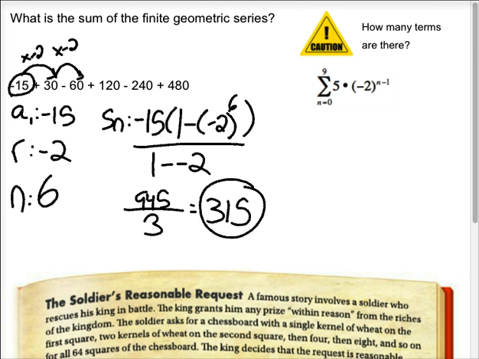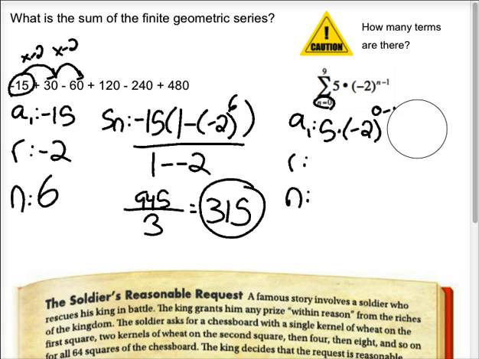All right, so last one of this type. So we need A1, R, and N. We need to plug in an N of 0 for our first term because it says we're starting at an N of 0. So 5 times negative 2 to the 0 minus 1.